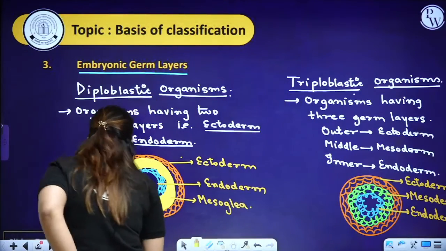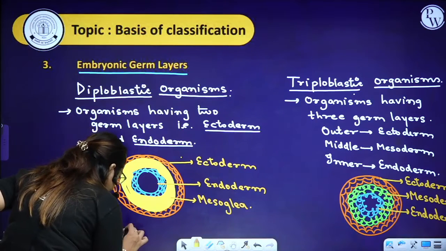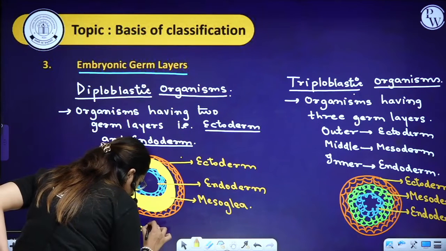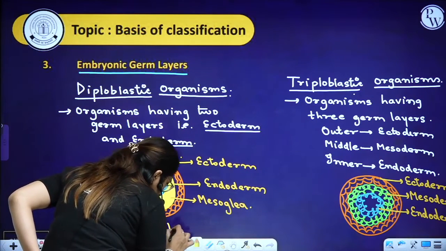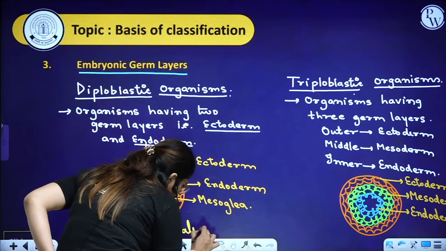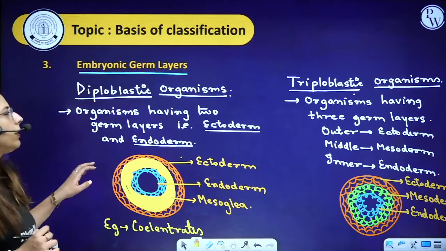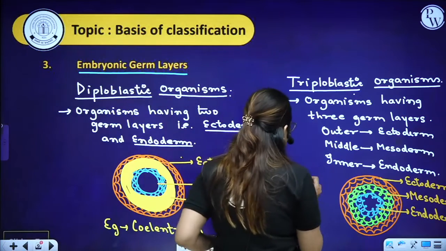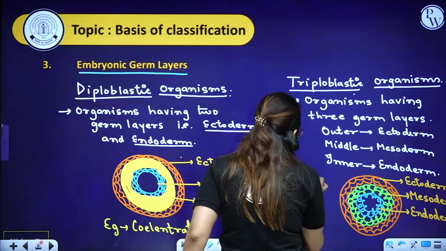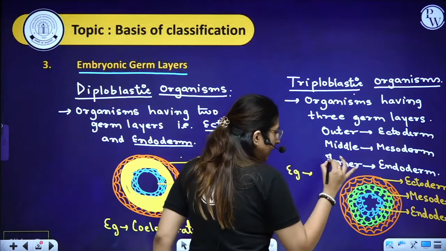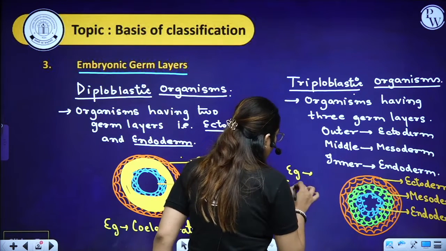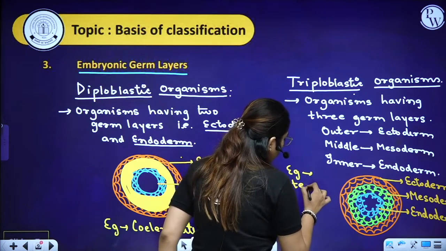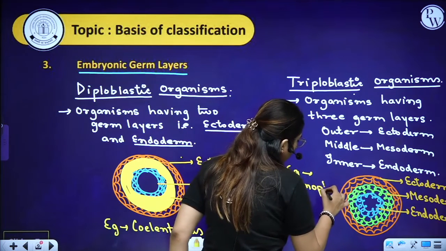Here we have coelenterates. Only coelenterates are diploblastic, whereas the rest are triploblastic. After coelenterates, whatever we have, like ctenophore, right?